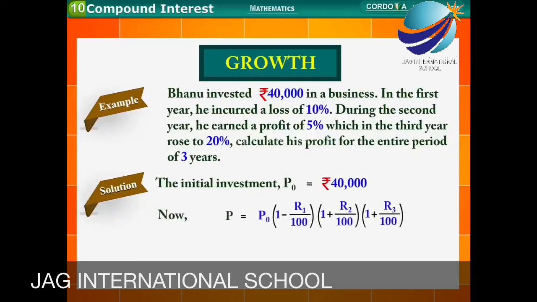Now, P is equal to P0 into (1 minus R1 upon 100) into (1 plus R2 upon 100) into (1 plus R3 upon 100). This implies P is equal to rupees 40,000 into (1 minus 10 upon 100) into (1 plus 5 upon 100) into (1 plus 20 upon 100).